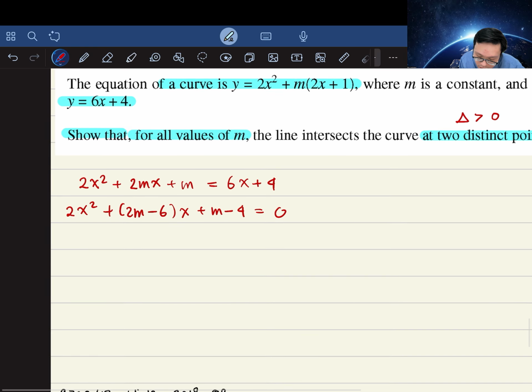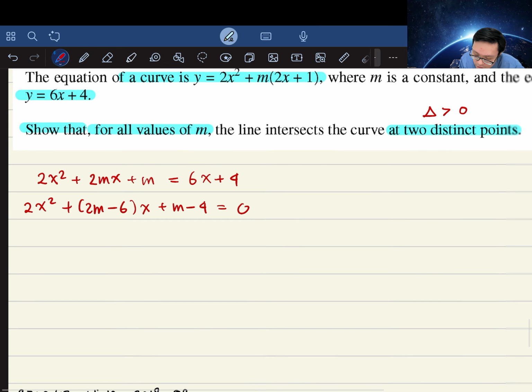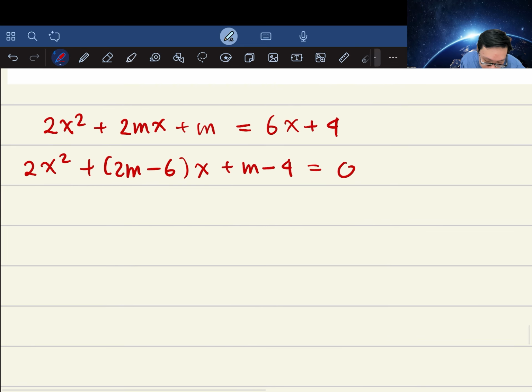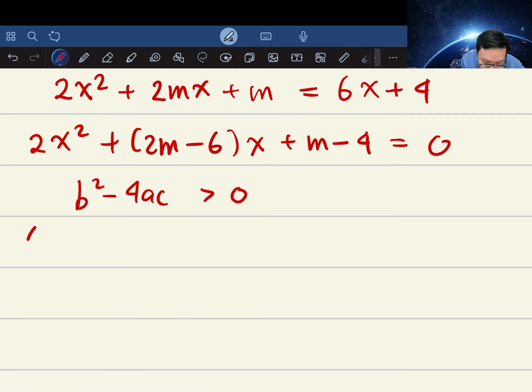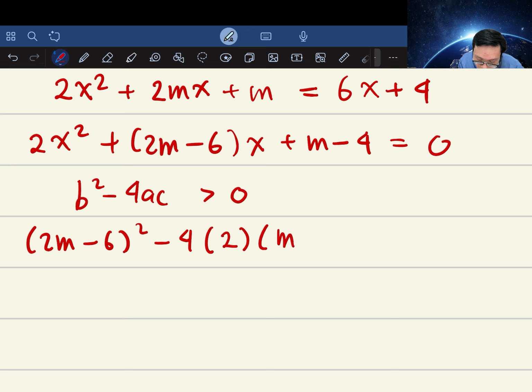Because we want to have two distinct points, the discriminant b squared minus 4ac has to be greater than 0. So b is the x coefficient, which is 2m minus 6, squared, minus 4 times a, the coefficient of x squared, 2, times c, the constant, greater than 0.